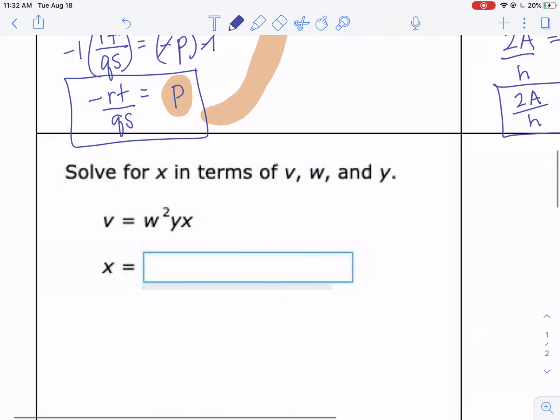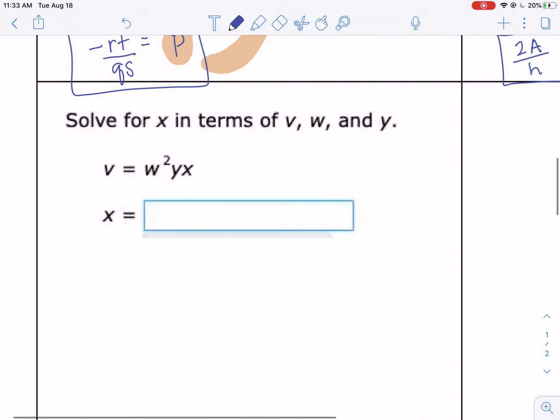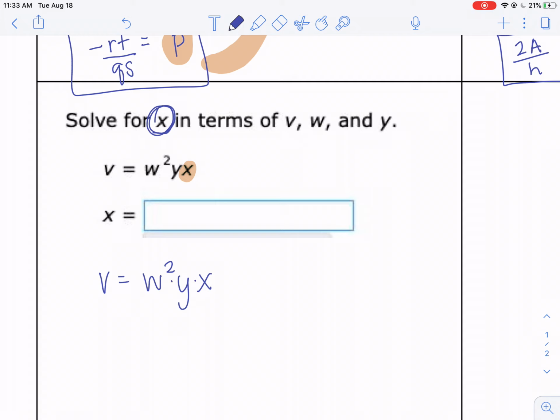Then our final example, you guys should be good to go. It says solve for x. Want to get x by itself and all the other letters on the other side. So v equals w squared, y, and x. Since there's no addition, subtraction, multiplication, or division sign, I know that these are all being multiplied. So that means that I can divide them away.